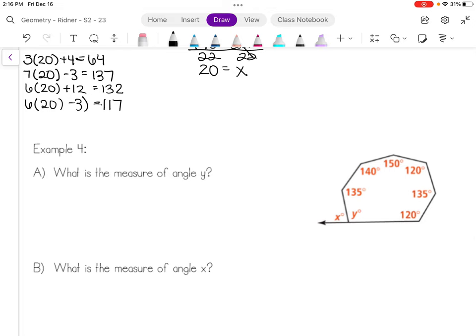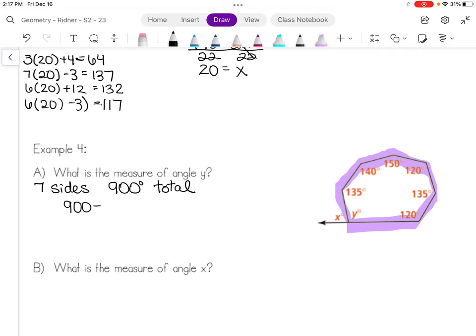All right, what is the measure of angle Y? Well, first, how many sides do I have? 1, 2, 3, 4, 5, 6, 7 sides. So from the front of your paper there, 7 sides is 900 degrees total. So I'm going to subtract those numbers from 900 to figure out what Y is.